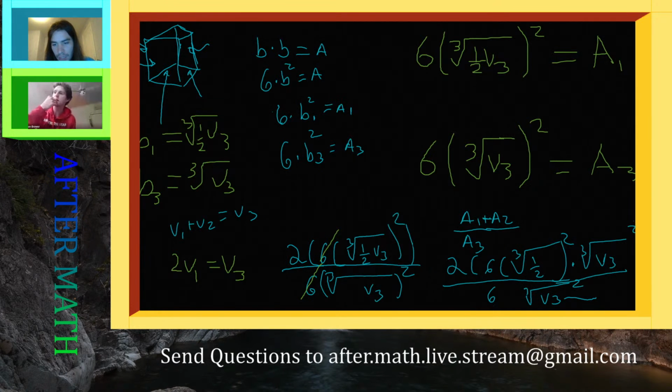And so the 6's can cancel. We get left with 2 times the cube root of 1/2 squared. And that looks like good math to me.